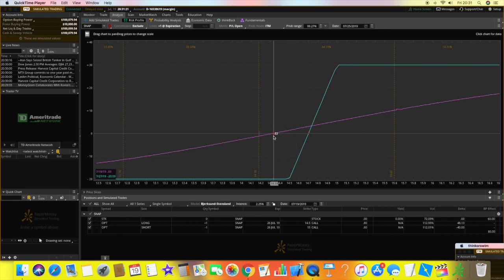So let's say of today the Snapchat stock price is trading at $14.30, and that will make us just about $0 on our trade. And if you go in 1 week time, that will make us a loss of $20.